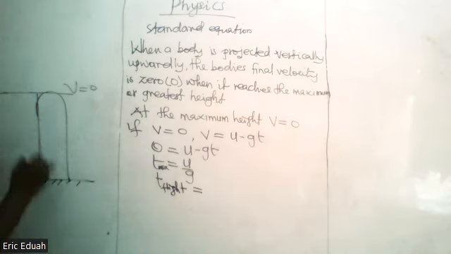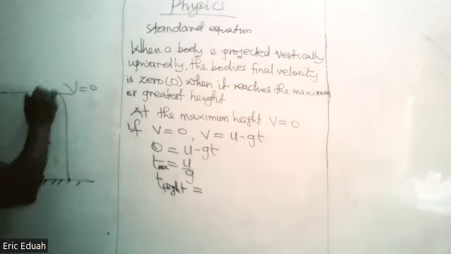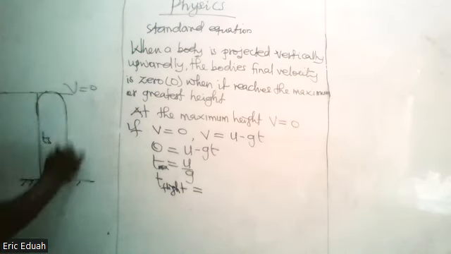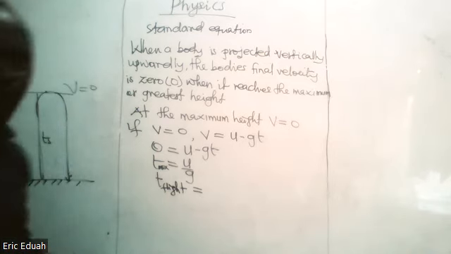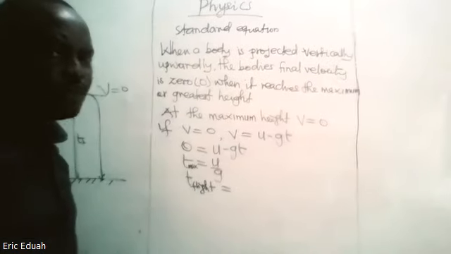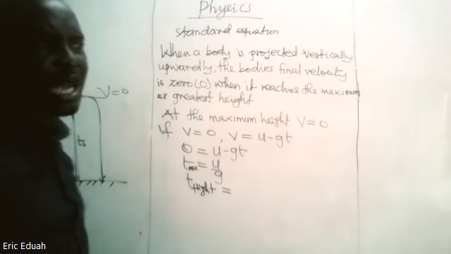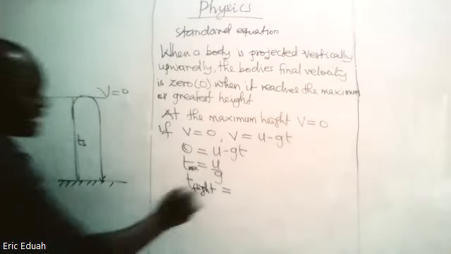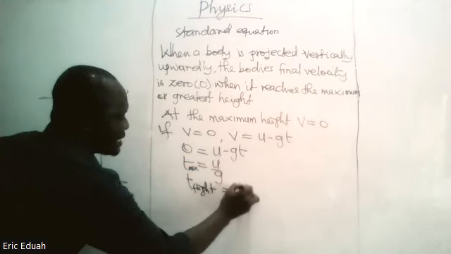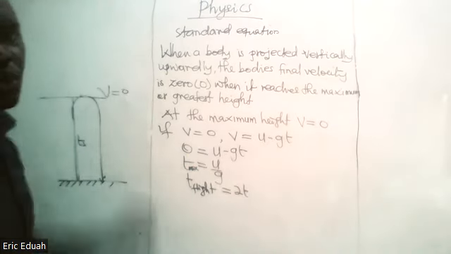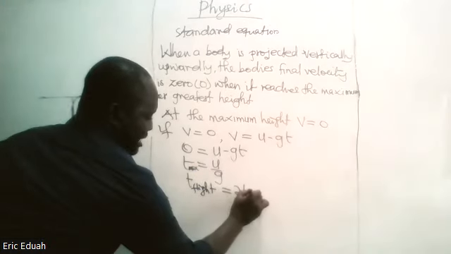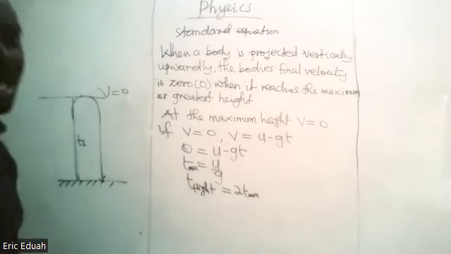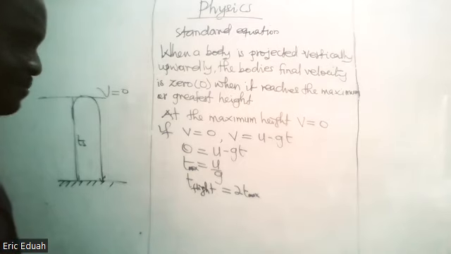So if it takes T seconds to get to the maximum height, it will take the same seconds to return back to the ground. So if I'm looking for the total time used, which is what we call the time of flight, then it will be equal to 2 times the time taken to get to the maximum height. 2T max.